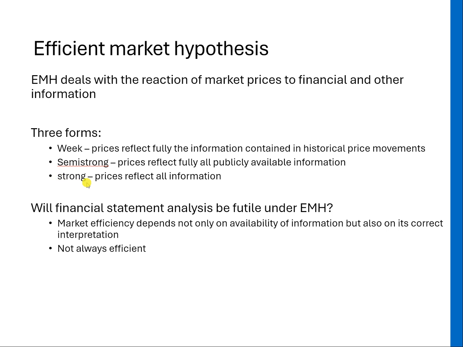In the strong form of EMH, price should reflect all information. So when a company reports good results, the price reflects it and goes up. When a company performs badly, the price goes down. In theory, this is true. So if it's strong form EMH, we don't have to do anything because the price will show everything. We don't have to analyze the financial statements.